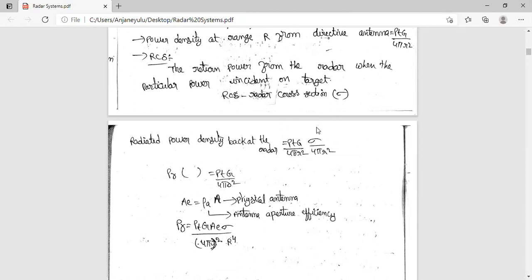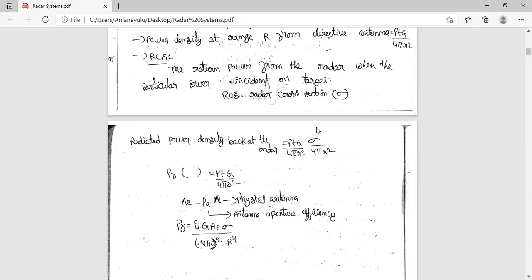When these signals reach the target and are reflected back, we again have to find the power density at the receiving antenna.